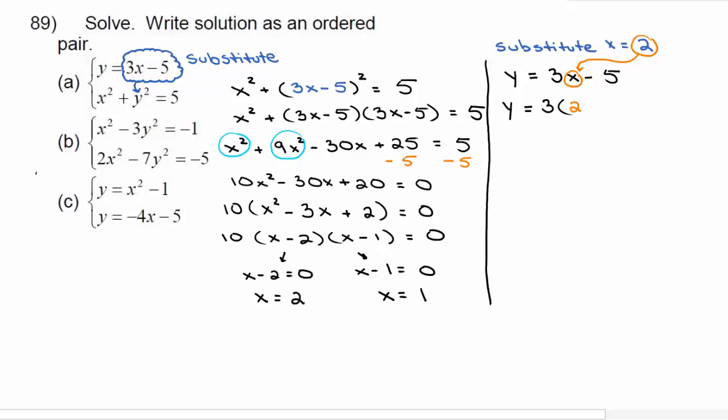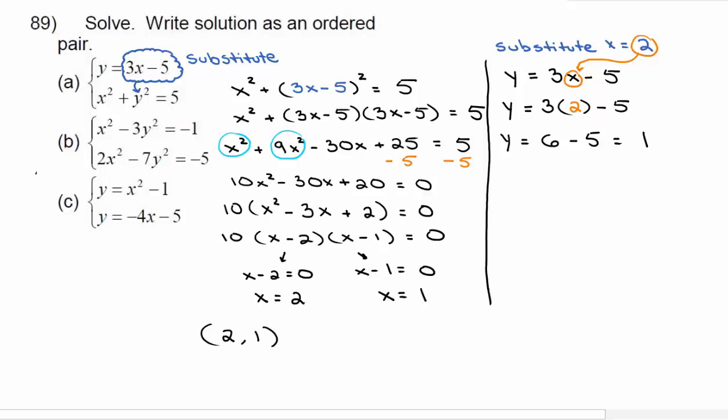Alright, so what I'm doing here is substituting x equal to 2 into the first equation, y equal to 3x minus 5, because this equation is already solved for y, and that's the value we're missing. So I end up with y equal to 1. So our first ordered pair is going to be 2 comma 1.